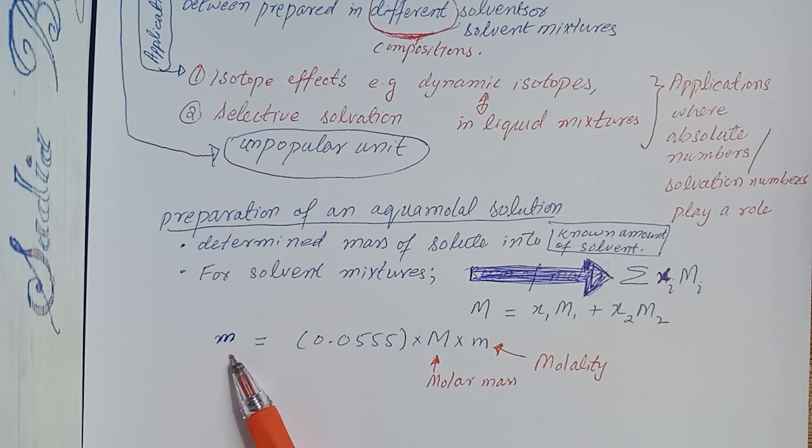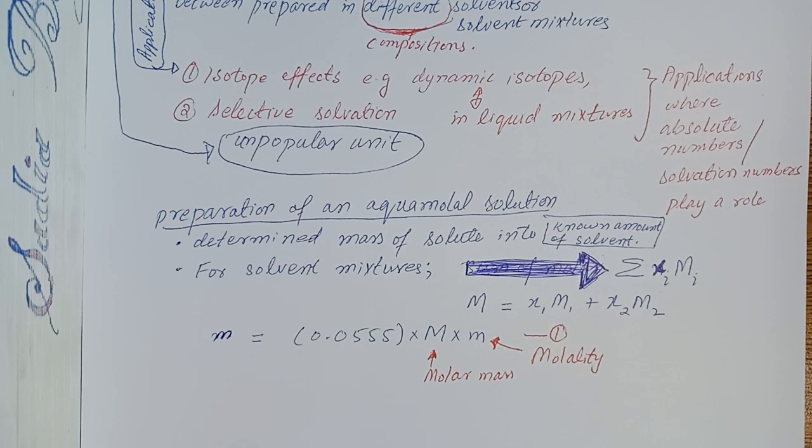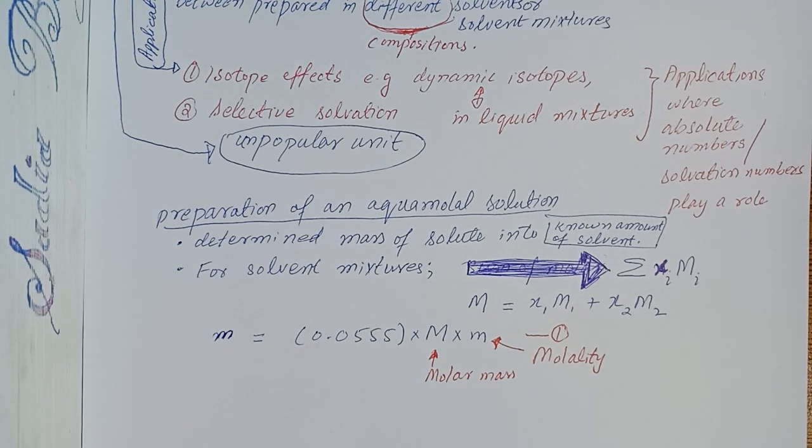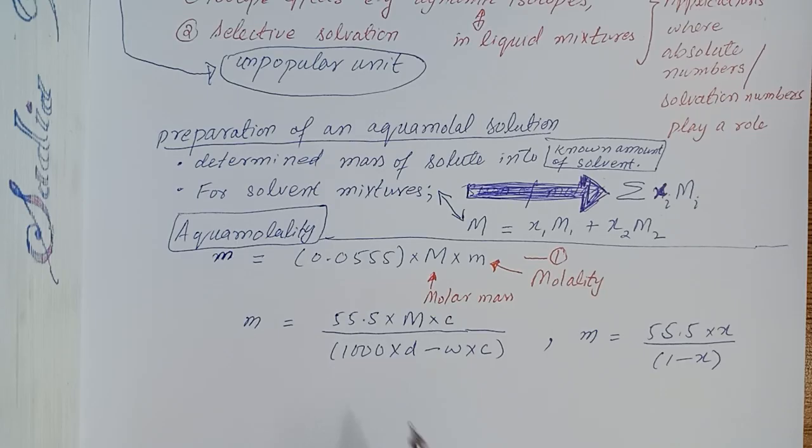The aquamolality that is expressed in italic m is expressed in terms of molality by using the formula shown as equation number 1. And for the comparison of the aquamolality and molarity, the aquamolality can also be determined from other units using these three conversions.